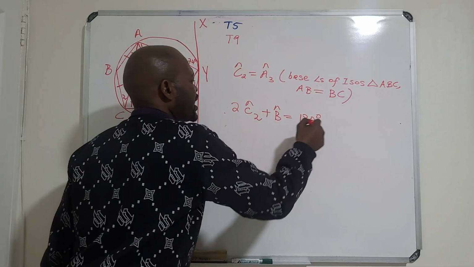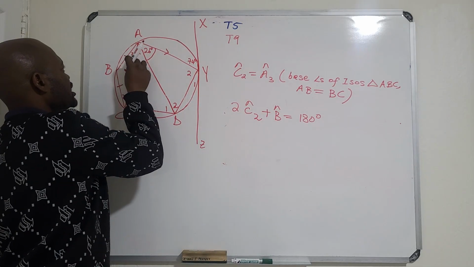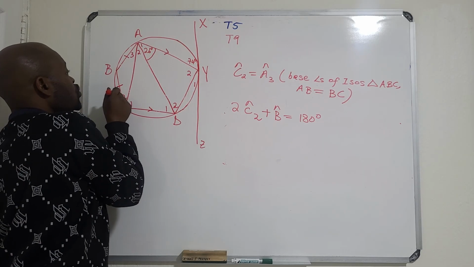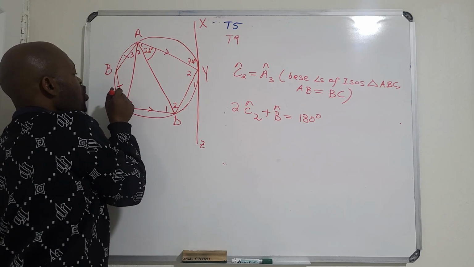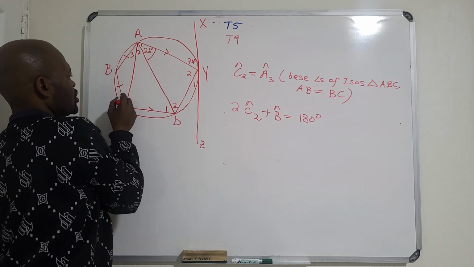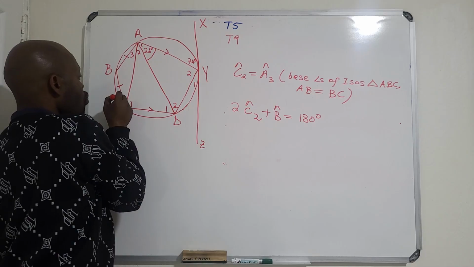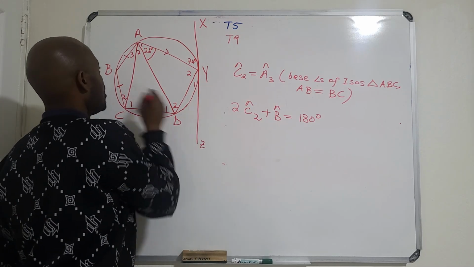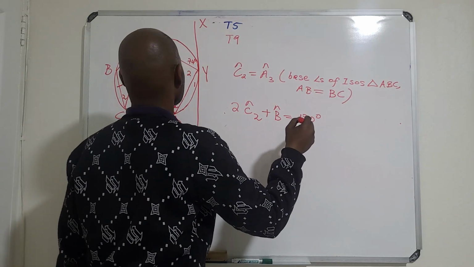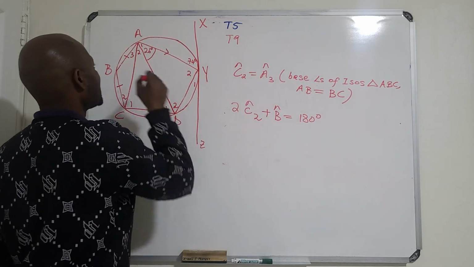We can just know that when this angle is equal to that angle, and we are looking for angle C2, we're just going to say, since this is equal to that, then 2C2 plus this is equal to 180 degrees. But where do we get that?